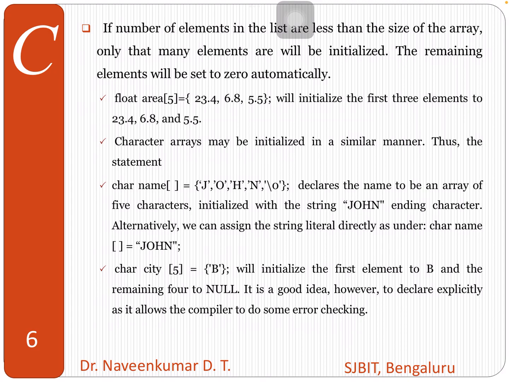For example, here the float type array area has a maximum size of 5, but inside I entered only 3 elements. So the program will initialize the first 3 elements to 23.4, 6.8 and 5.5 respectively, and the remaining elements are set as 0.